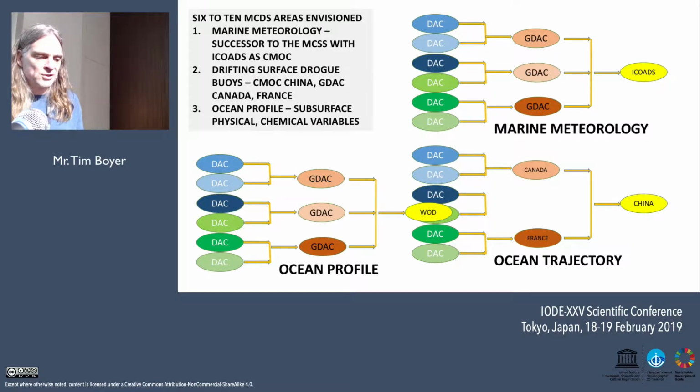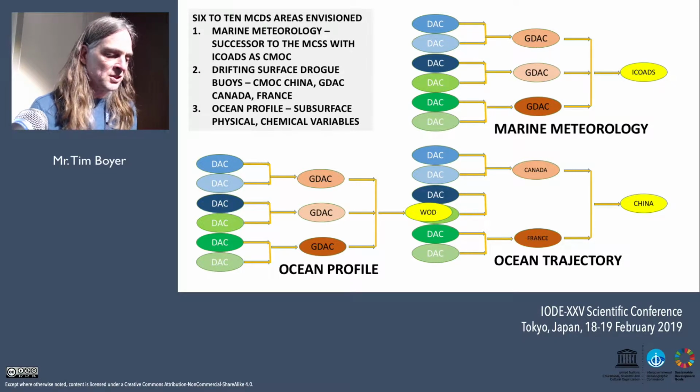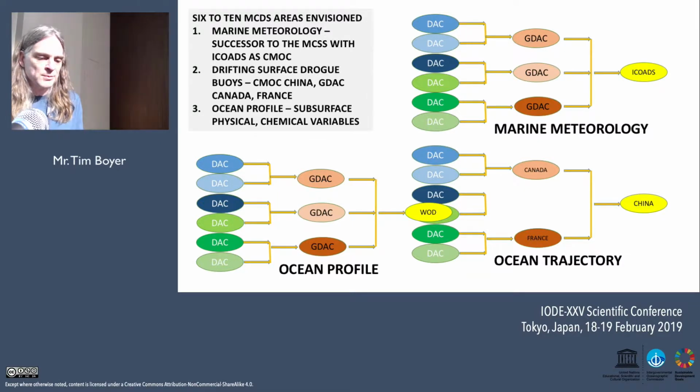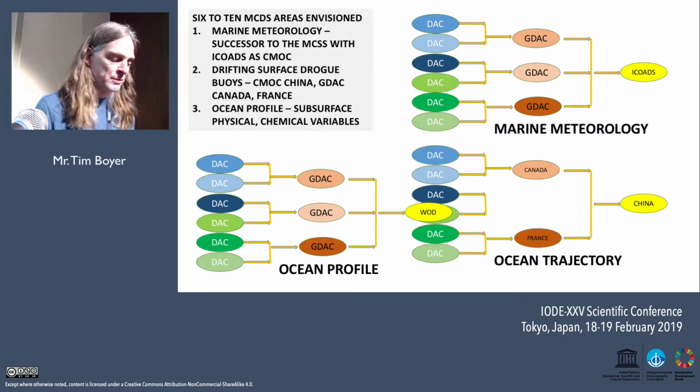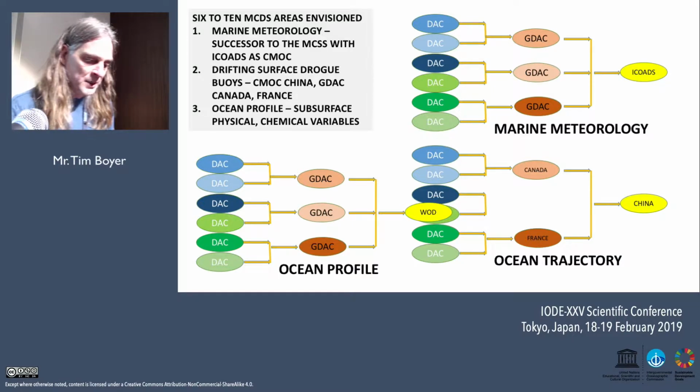So the idea here is that ICOADS, the International Comprehensive Ocean Atmosphere Data Set, will be the CMOC in the marine meteorology area. And there's also the ocean profile area, where the World Ocean Database is set up as the CMOC as of the last JCOMM meeting.